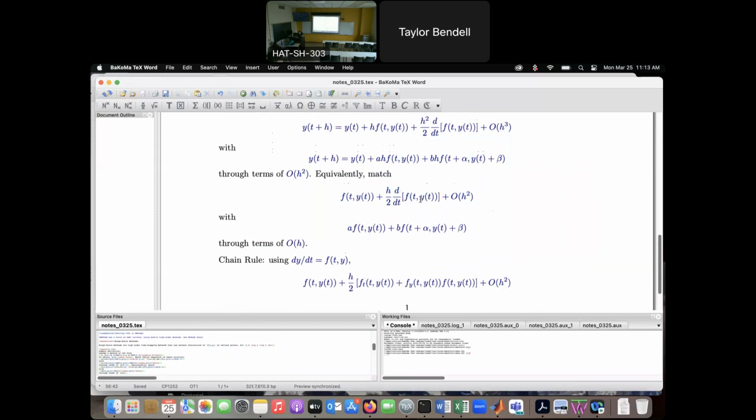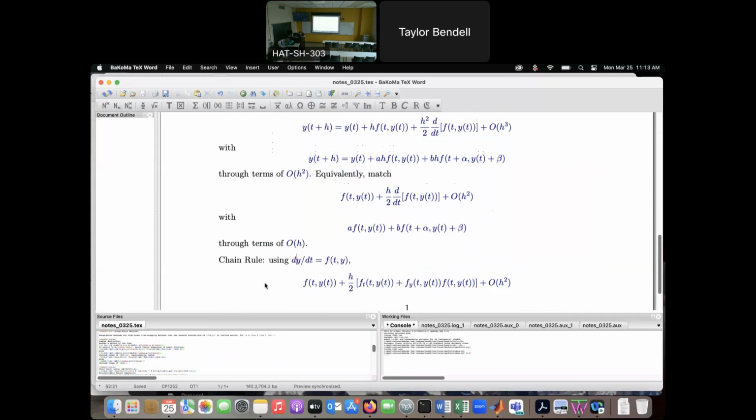But then I have to take a derivative of this argument with respect to t, and y prime of t is f of t, y, so that causes this factor of f to appear here. So the whole derivative is df dt plus df dy, dy dt.